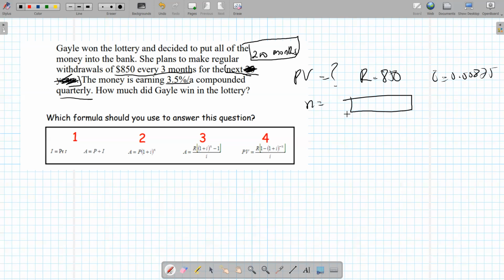Is it 800? No, it's not 800. So what is it? Do you have to convert it into years? Yes, you do. Convert it into years first and then do the quarterly.